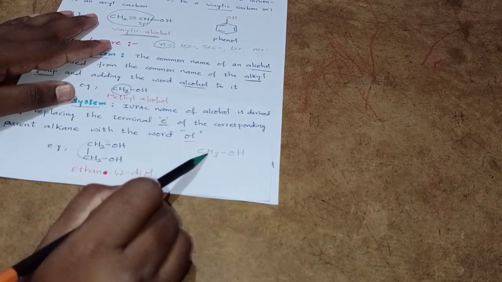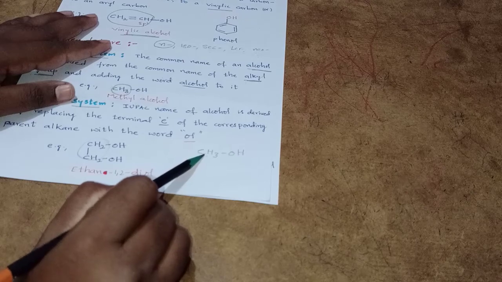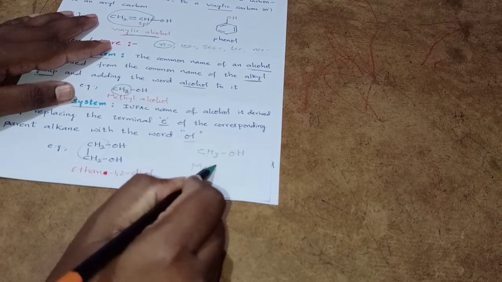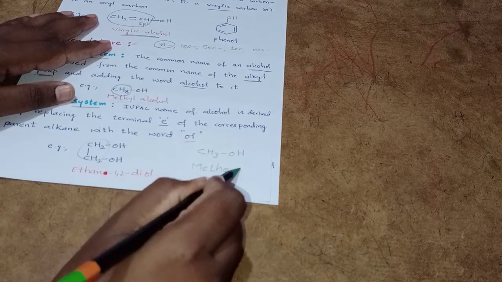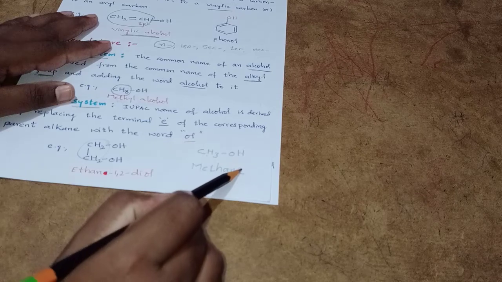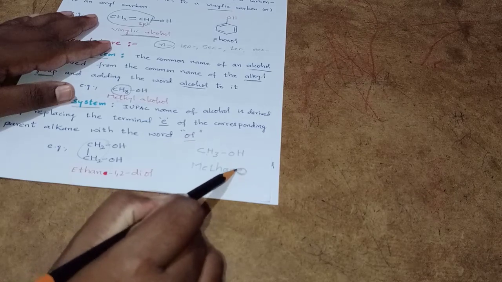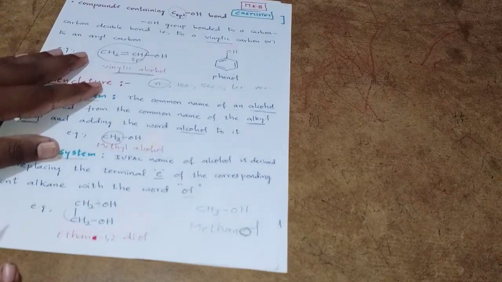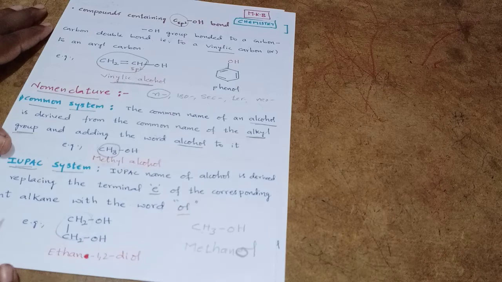In this, there is only one carbon in the alkyl group. This is the parent chain, so the corresponding alkane is methane. In this name, we replace the terminal E with ol. Then it becomes methanol.